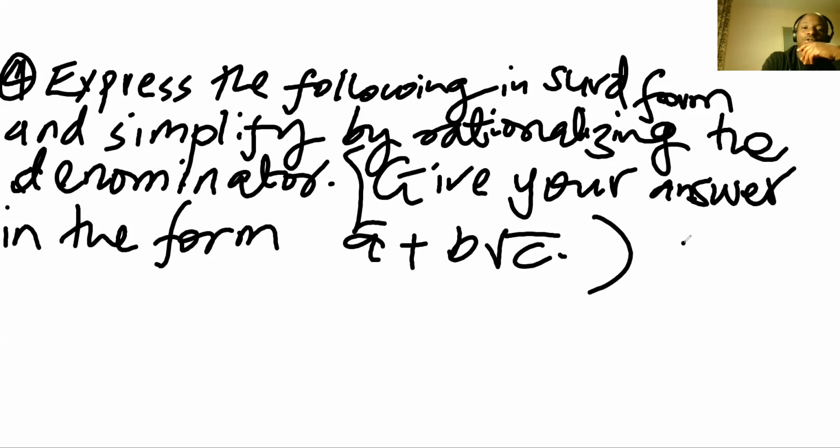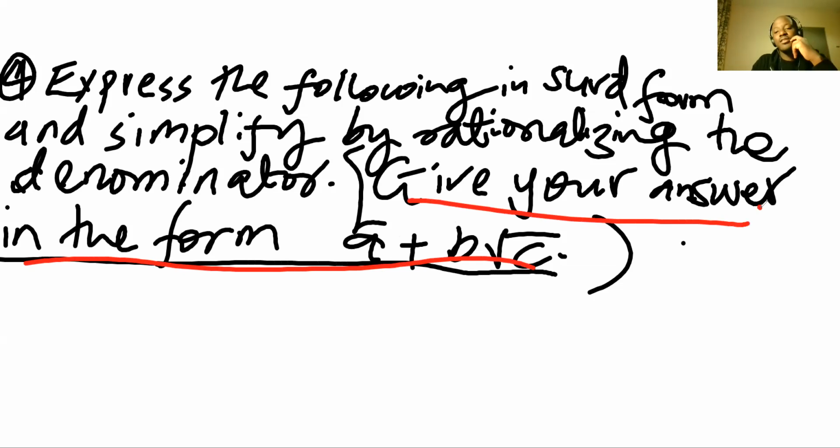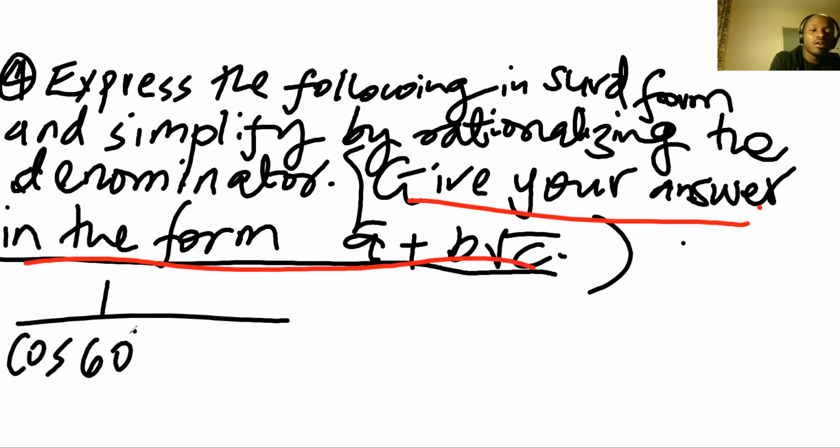So every time you're dealing with this question, you must look at this. So they want you to give your answer in that form, A plus B root C. So our question is 1 over cos 60 degrees minus sine 45 degrees. So that's the question.